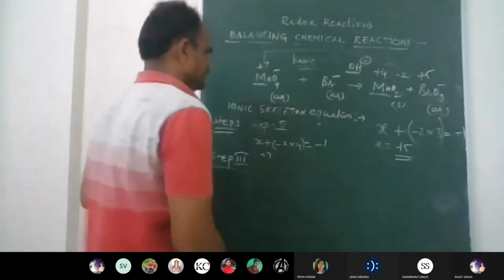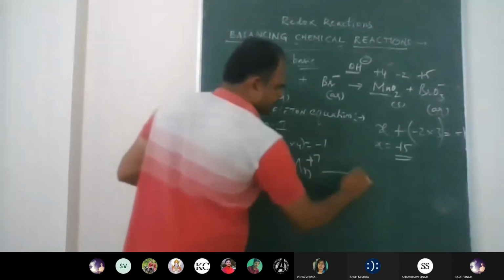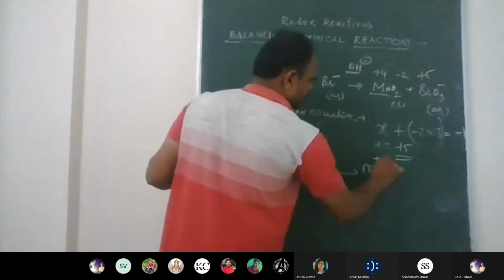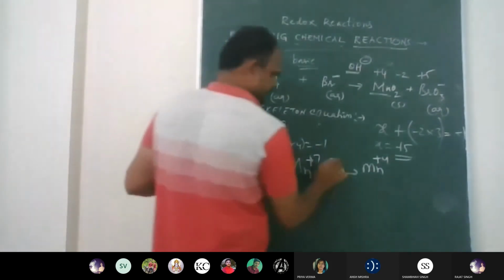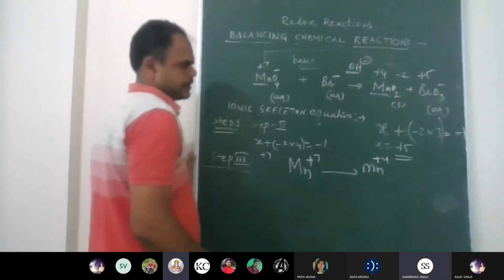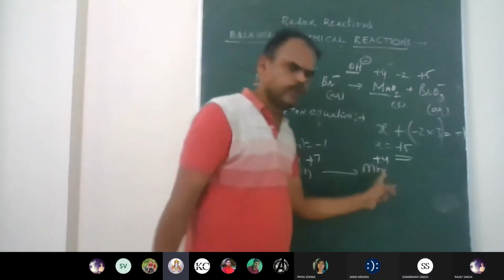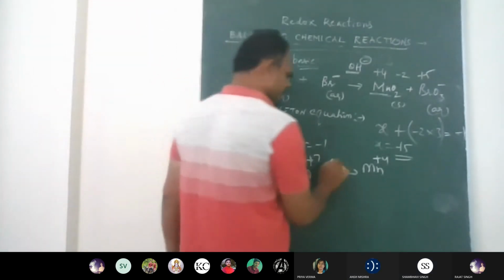Manganese is going from +7 to +4. That means manganese is changing, +7 to +4. So is it losing or gaining? The positive number is decreasing, so it is gaining.